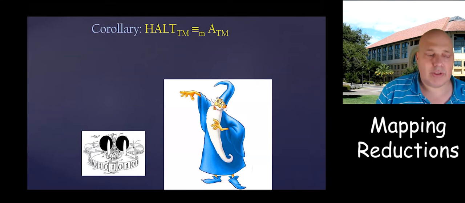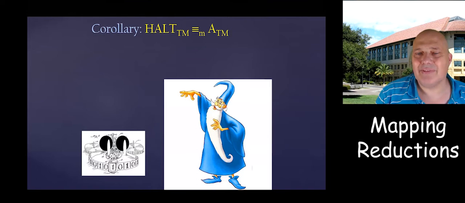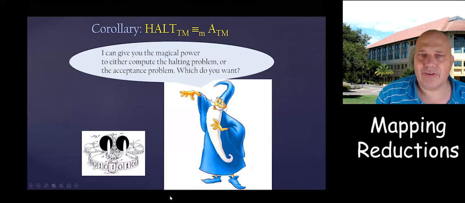So essentially what we've seen is a reduction from Haltm to ATM and vice versa. So these two problems are mapping reducible equivalent. We can imagine a Turing machine, and someone tells the Turing machine, I can give you some magical power that other Turing machines don't have: the power either to compute the halting problem or to compute the acceptance problem.